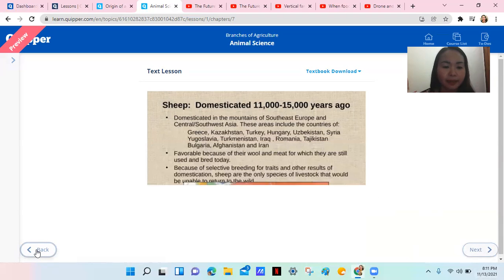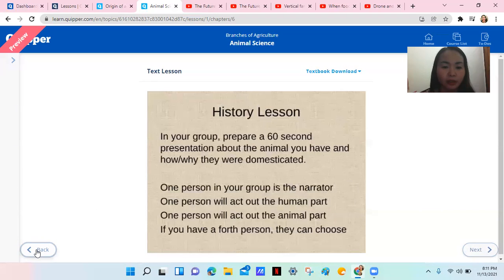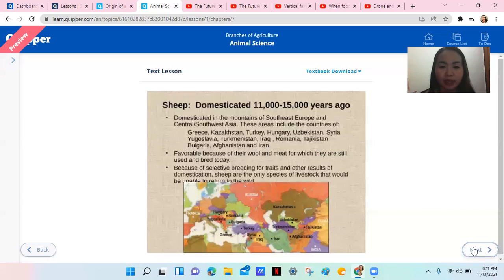So sheep actually were perhaps domesticated 11,000 to 15,000 years ago. So it might be the first, and domesticated in the mountains of Southeast Europe and Central Southwest Asia. So these areas include the countries of Greece, Kazakhstan, Turkey, Hungary, Uzbekistan, Syria, Yugoslavia, Turkmenistan, Iraq, Romania, Tajikistan, Bulgaria, Afghanistan, and Iran.